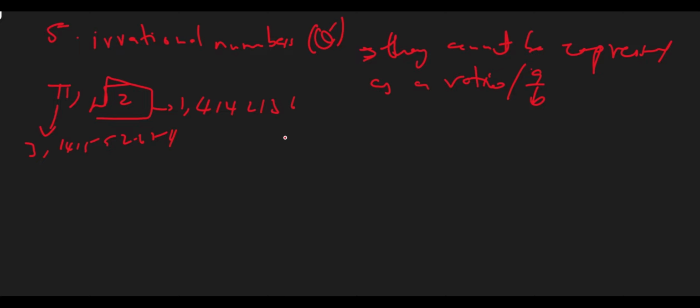If I had maybe an expression like 1 plus root 5 over 2, what will I get? I will get 1.6180339989 going forward. So this doesn't have any pattern.